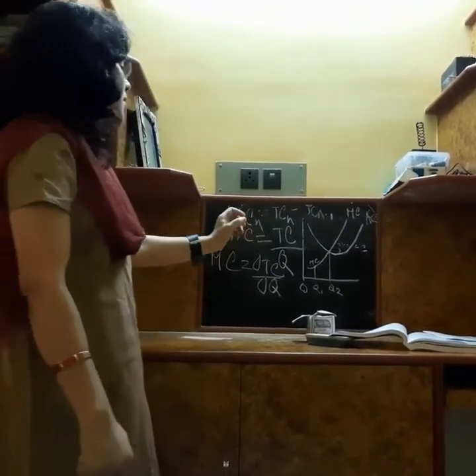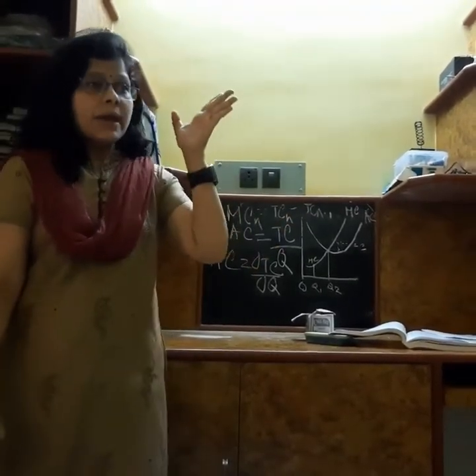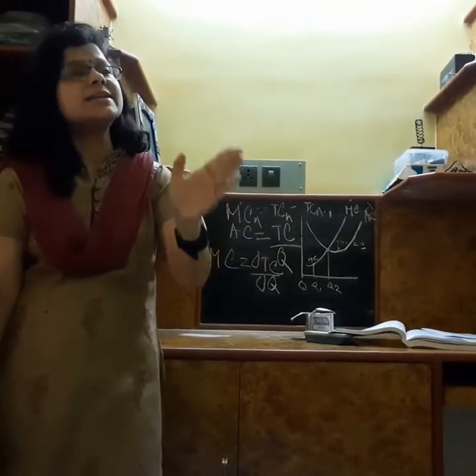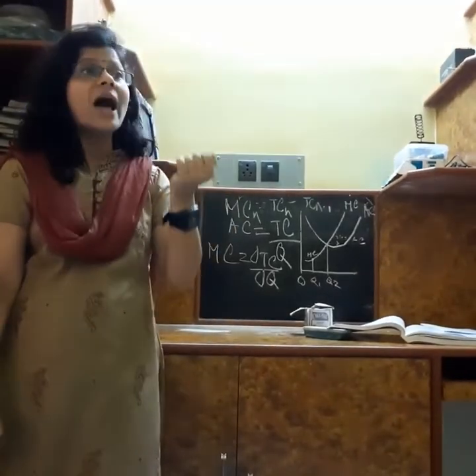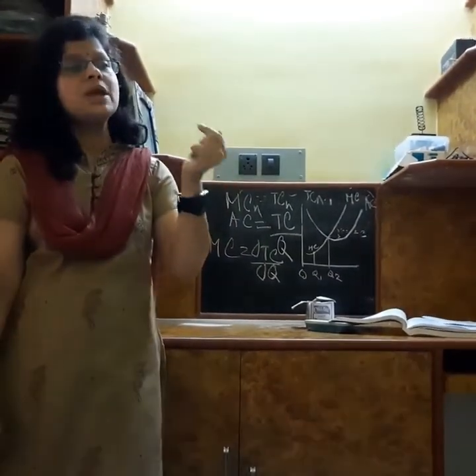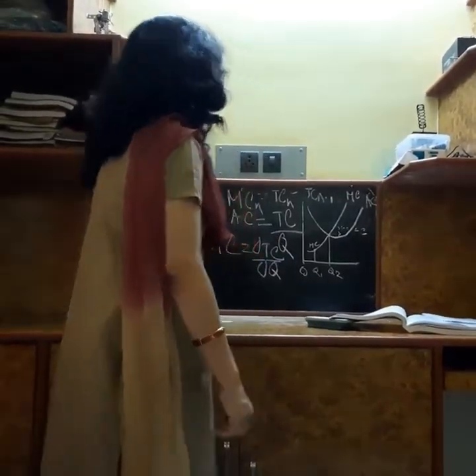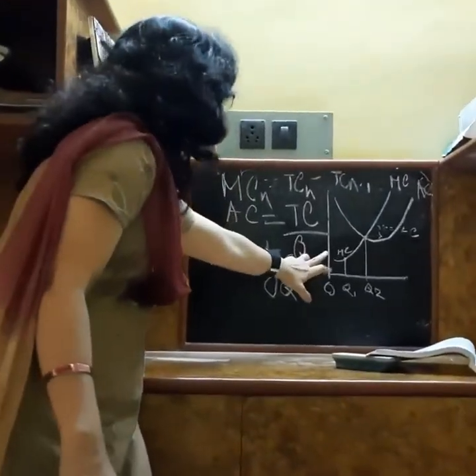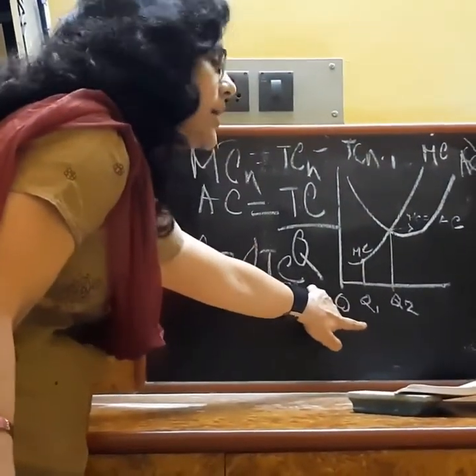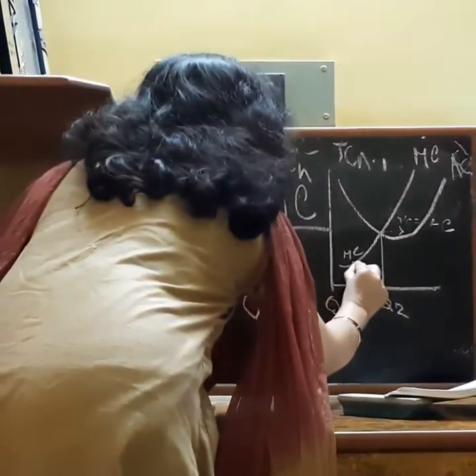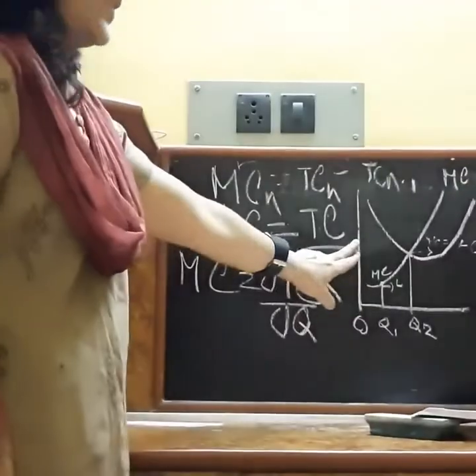Here we have to remember one thing, that when AC is falling, it doesn't mean that MC will fall. But the value of MC must be lower than AC. See in this diagram what I have drawn. MC is minimum at the point OQ1. So giving a point, suppose L. At the point L, MC is minimum.